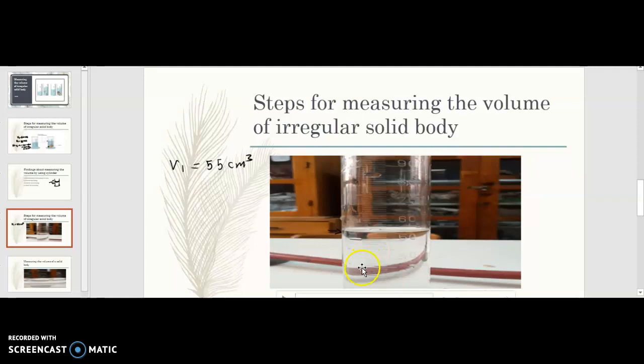Now we'll play the video and we'll see the rise in the water when we put the solid object in it. Observe carefully.